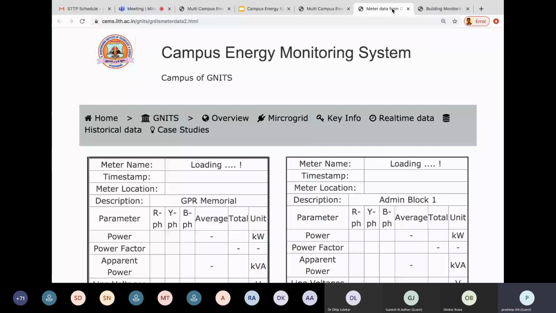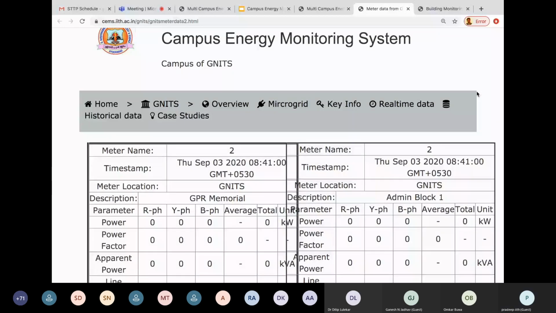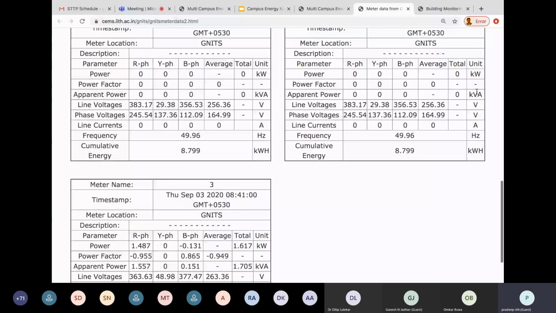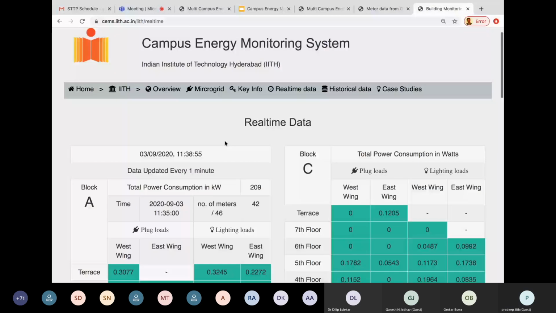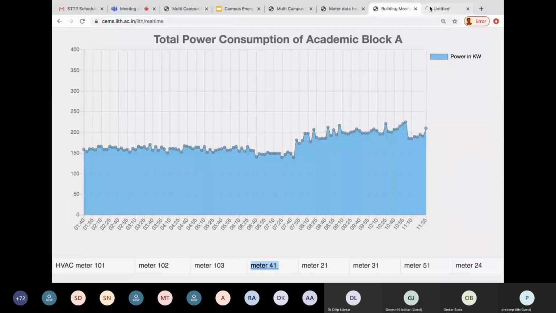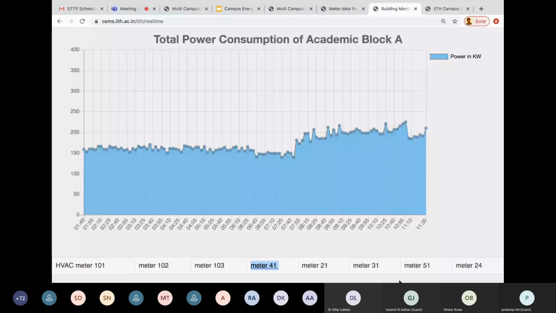I would like to show live data for you. That's why I'm just trying to open some of the relevant things.